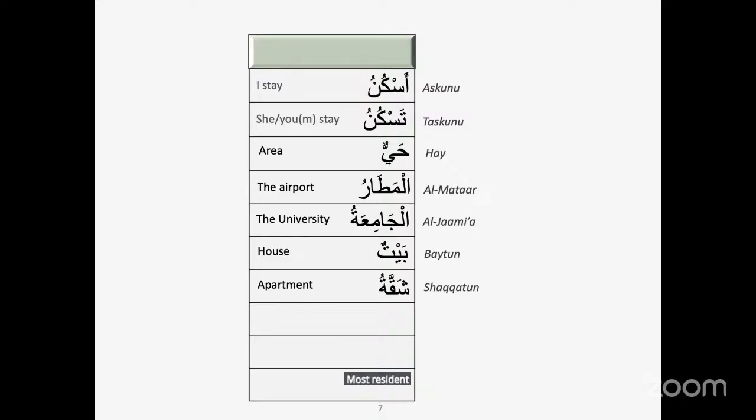Most residential units are apartments, instead of individual houses. 90% of the time you're staying in an apartment. And an apartment is a shaqqatun.